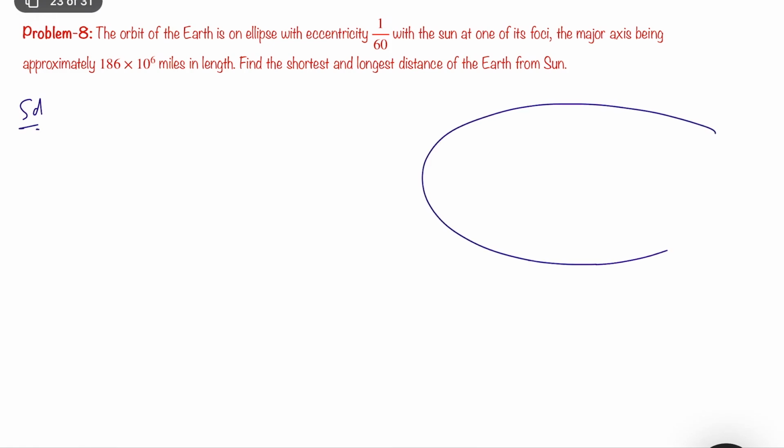Here is an orbit which is an ellipse. The Sun is at the focus, okay, and let us say this is the major axis AA dash, and here it will be the center, fine. So the Earth is moving on this orbit, which is an ellipse, fine. From the previous problem, we know that the point on the ellipse which is nearest to the focus is this vertex A, and the point on the ellipse which is farthest from the focus is this vertex A dash.